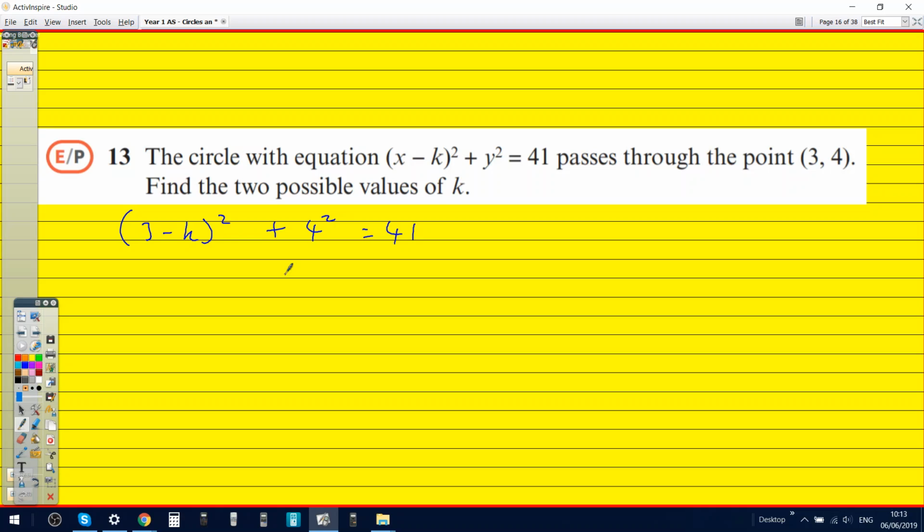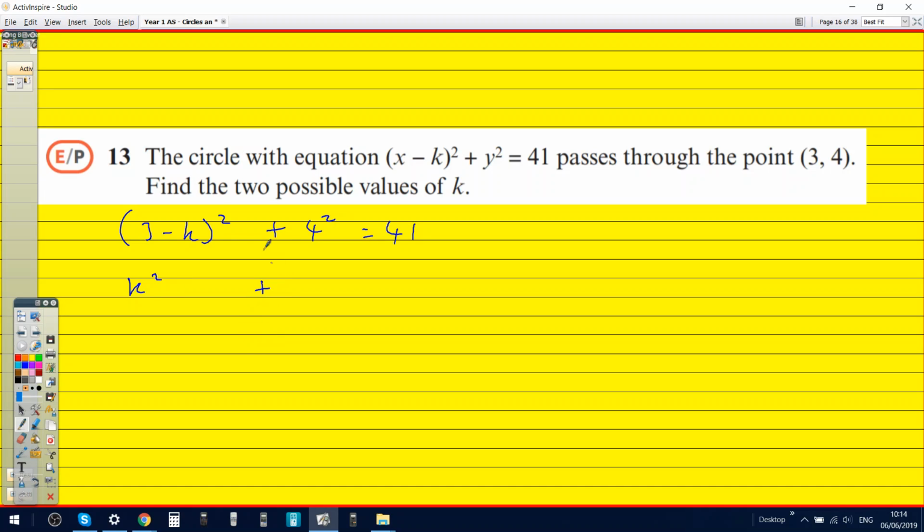Minus 3k. So k squared plus 9 plus 16, so 25.